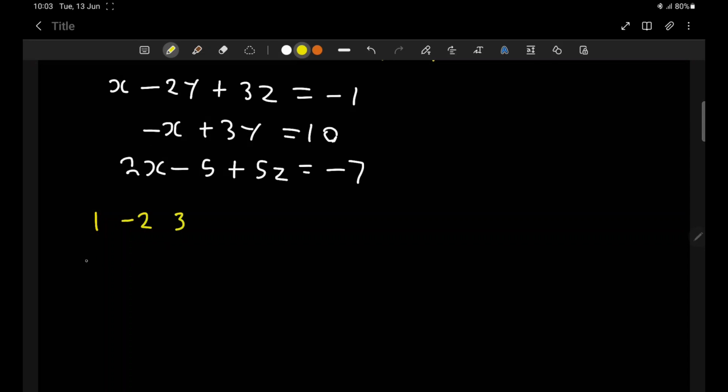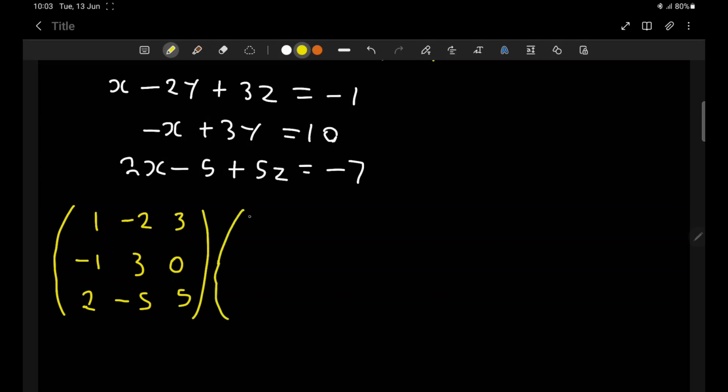Then on the next we have negative 1, y is 3, then we don't have z, so that is 0. And on the other one we have 2, negative 5, and 5. Then our variables are x, y, and z. Then our solutions are -1, 10, and -7.